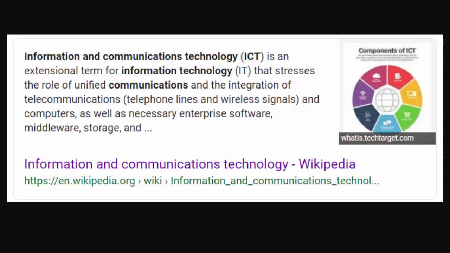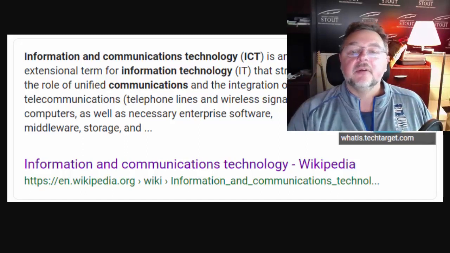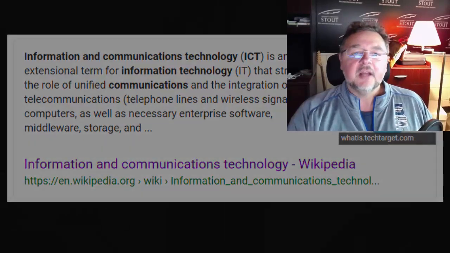Ultimately, that is the goal. The important difference between IT and ICT is that emphasis on the use of the technology rather than the creation or management of that technology. ICT has overlap with those areas, but this is a good place to start with an understanding that we're looking at using the technologies that we're going to be talking about.